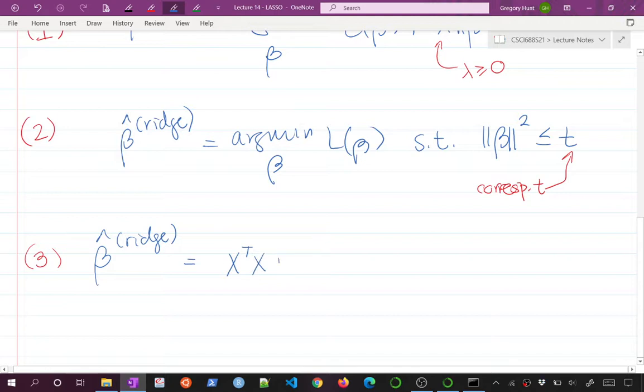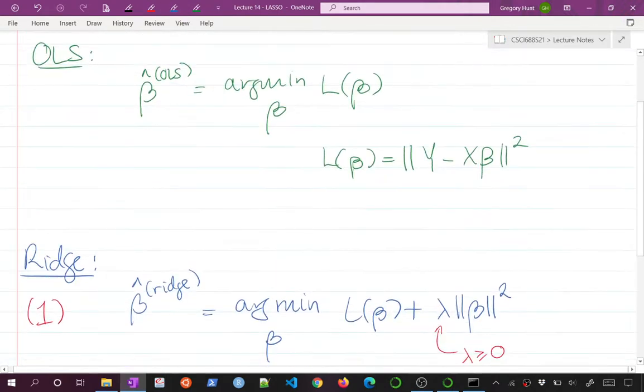It was x transpose x plus lambda I, so there's our tuning parameter, our lambda, not squared, inverse times x transpose y. So this is in contrast with our OLS estimate, which is x transpose x inverse x transpose y.